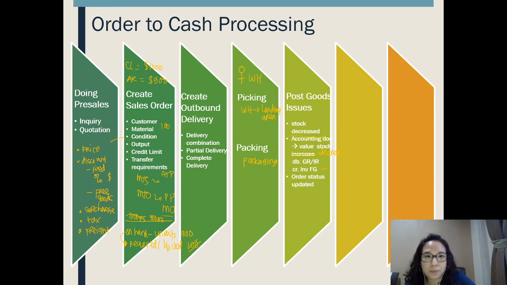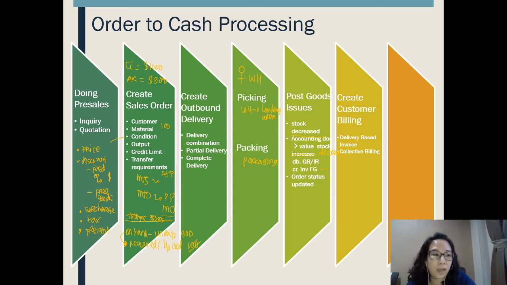Okay, and then after we do the post goods issue, the order status will be updated. It means that the delivery process is considered done after we do the goods issue. And then the next step, we will create the customer billing, which is actually to bill the customer so they can pay. Usually the invoice will be based on the delivery.